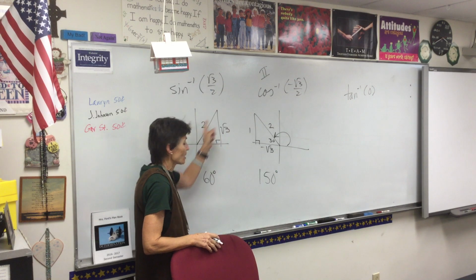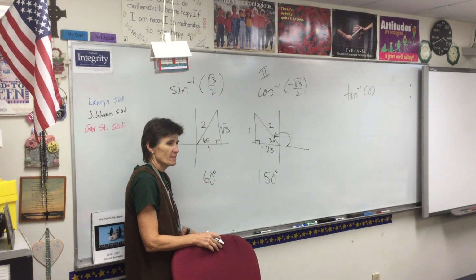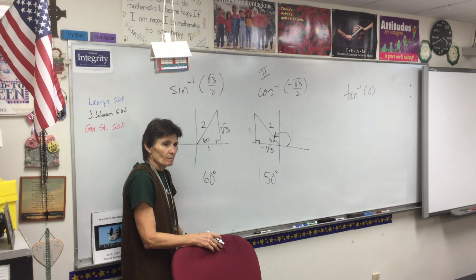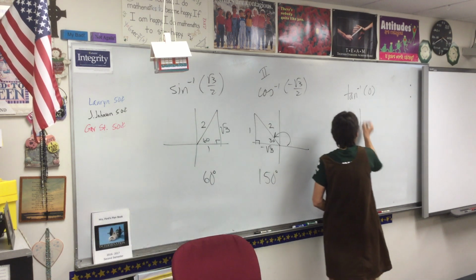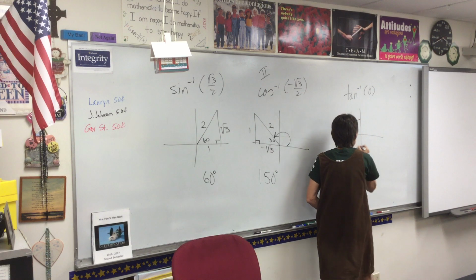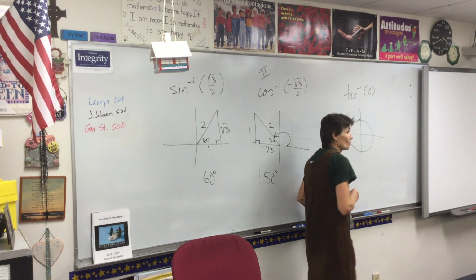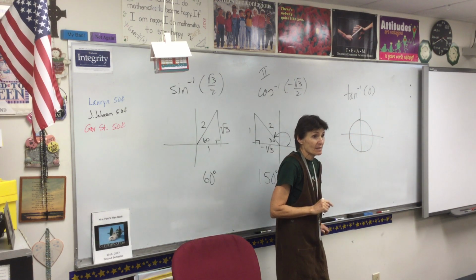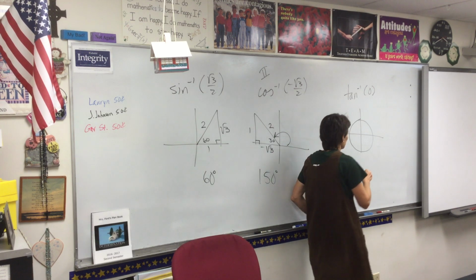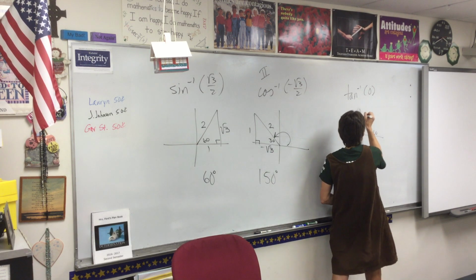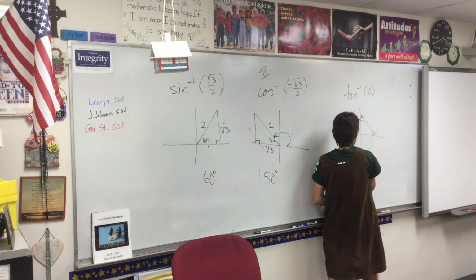There's no zeros on any of those. When do we get zeros? When it's on an axis. So we get zeros when we look at our circle. That's the only way to get zeros, is to be on an axis somewhere. So this is 1, 0, 0, 1, negative 1, 0, 0, negative 1.